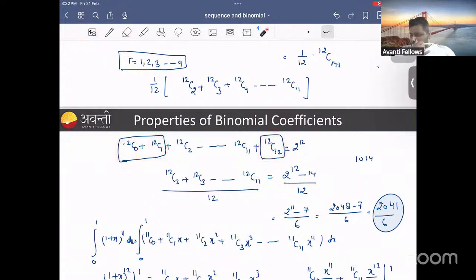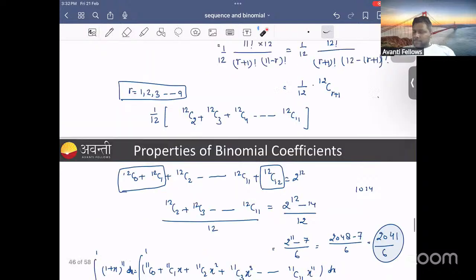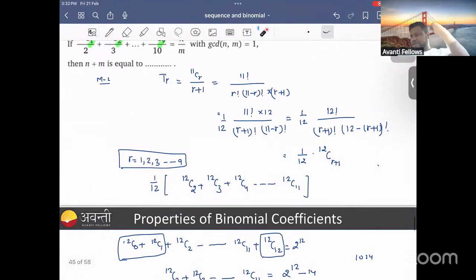So 2 to the power 12 minus 14 I'm getting. 1 by 12 into 12C(r+1).